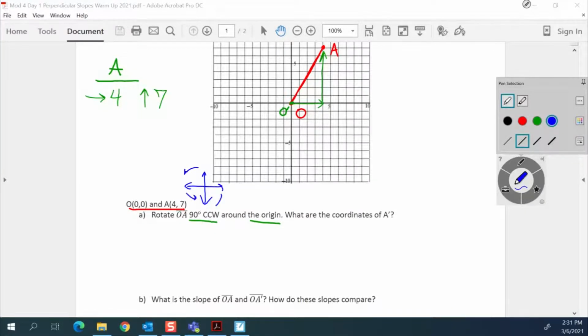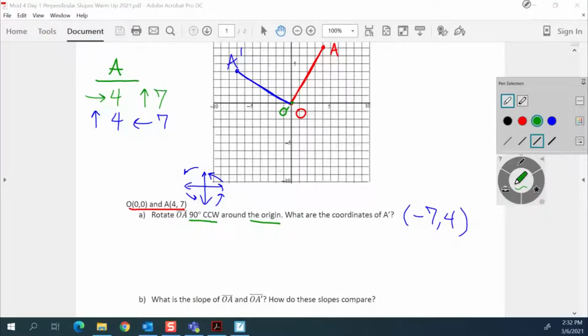Counterclockwise is going the opposite way from how a clock goes. So if I was going right, I'm now going up. If I was going up, now I'm going left. So I'm going to go up 4 and left 7. Up 4 and left 7. And this point right here is A prime. So this right here is the rotation of OA 90 degrees counterclockwise.